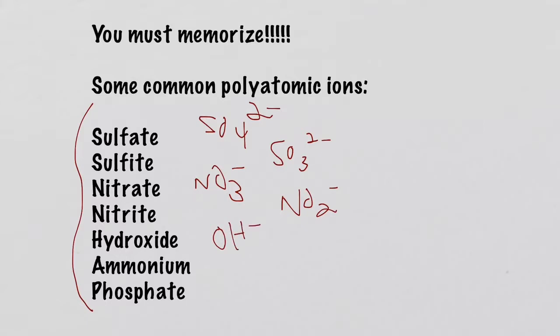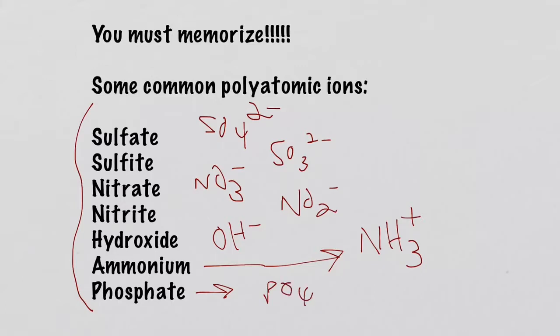Ammonium. This is interesting because ammonium is actually a polyatomic ion with a positive charge, so we'll talk about that at the end of this video. And then phosphate is another common one, which is PO4, 3 minus. Again, this is only some of them. You need to memorize them.